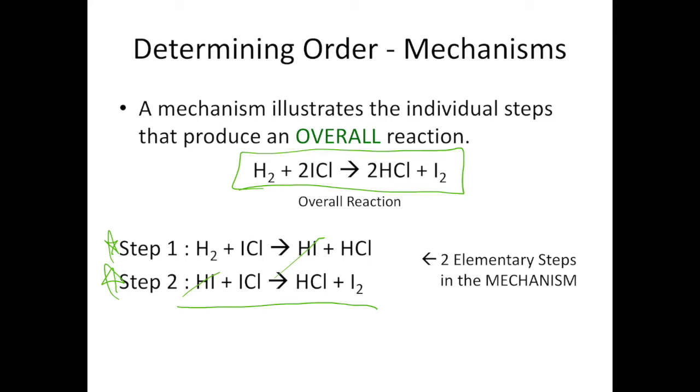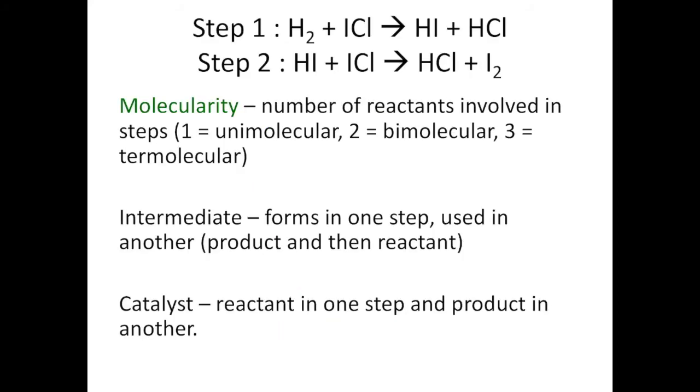So if I get rid of this because it's the same on both sides, and I add up everything else, that's exactly what I have up at the top, because I got rid of the stuff that was the same on either side of the arrow, and now I have my overall reaction. Okay.